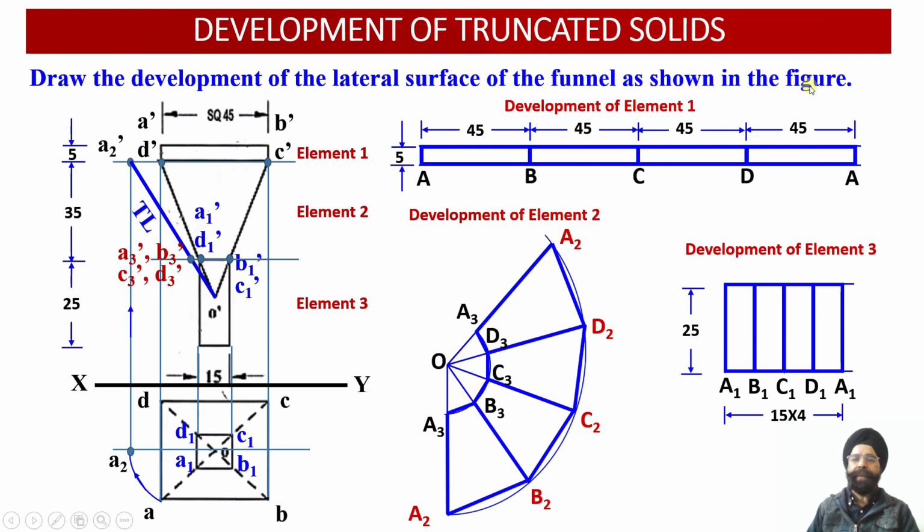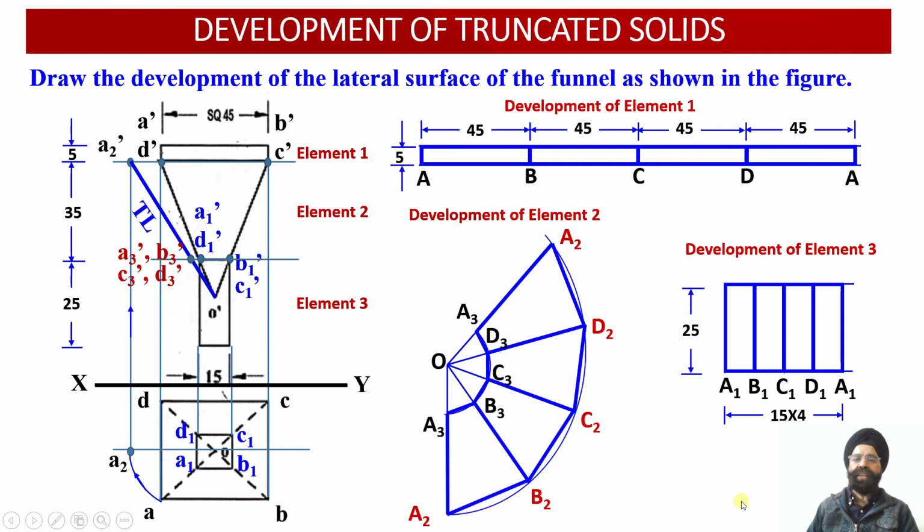So this way in this problem we have made use of parallel line development method to obtain development of element number 1 and element number 3 over here, whereas the radial line development method has been used to evaluate the development of the frustum of the square pyramid, which happens to be element number 2 over here. So this is all for today.